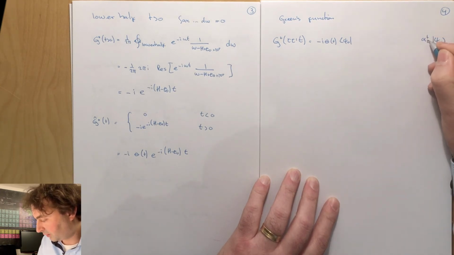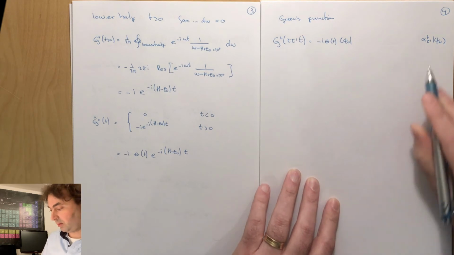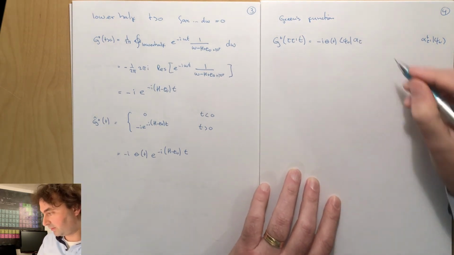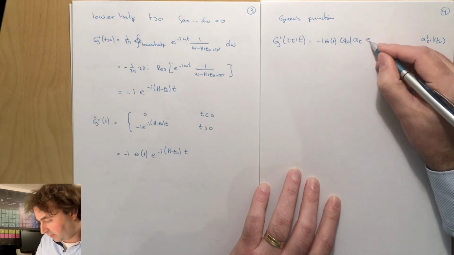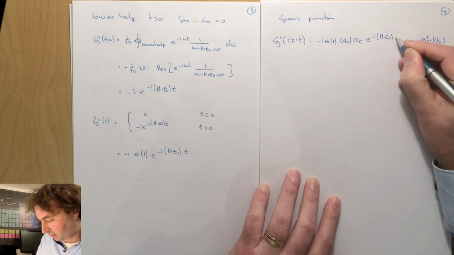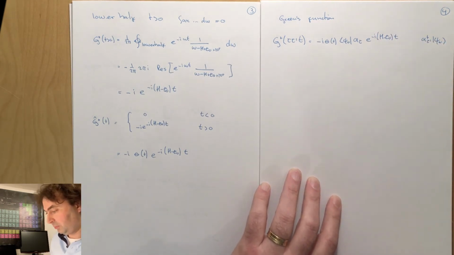We create a particle in the quantum state tau prime, we annihilate it from quantum state tau, and we have e to the minus i (H minus E0) t in between.